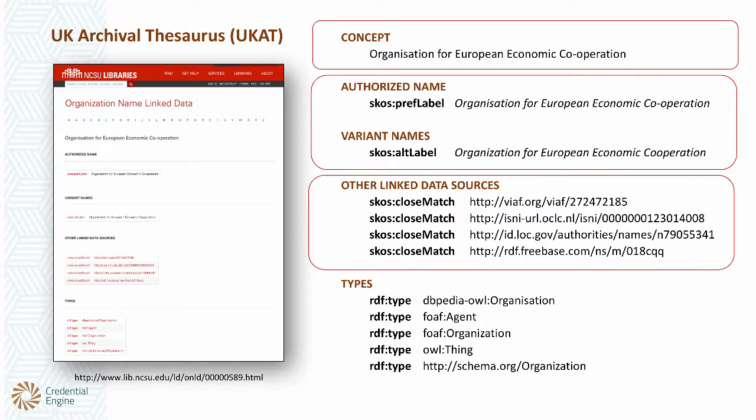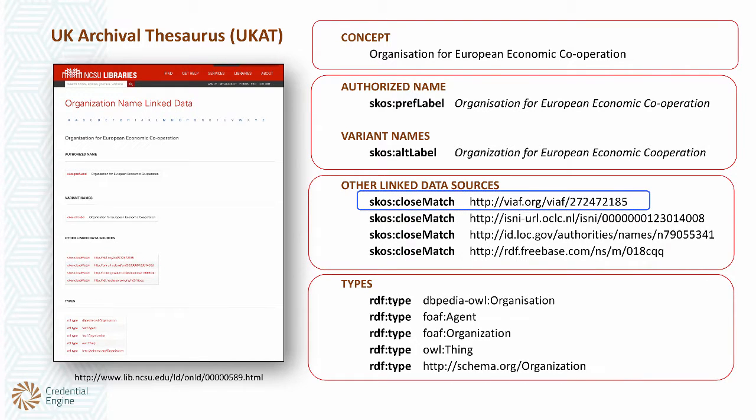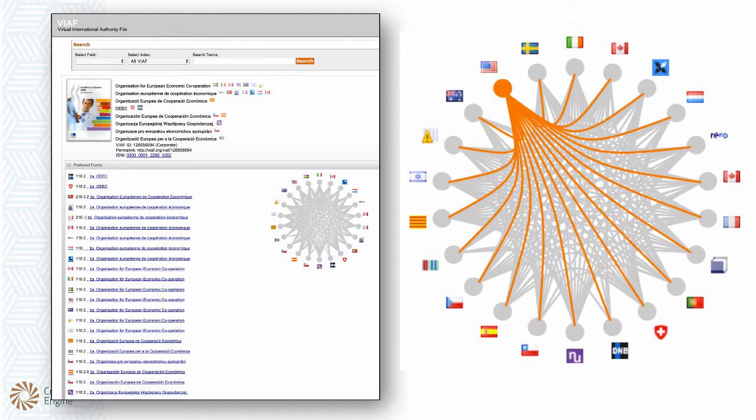Let's take a look at the VIAF. So here's that same concept in the Virtual International Authority File. And you see the Organization of European Economic Cooperation has been mapped to this list over on the left of other national and international authority files around the world.